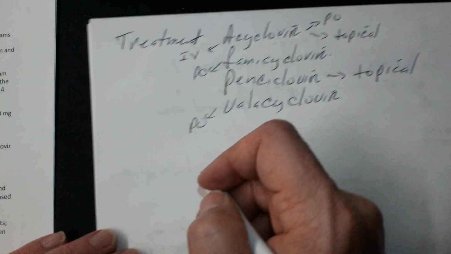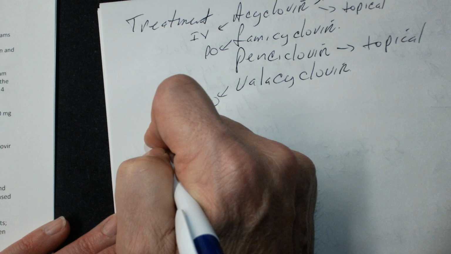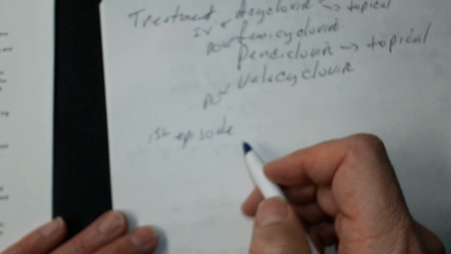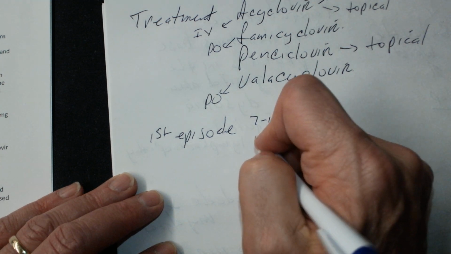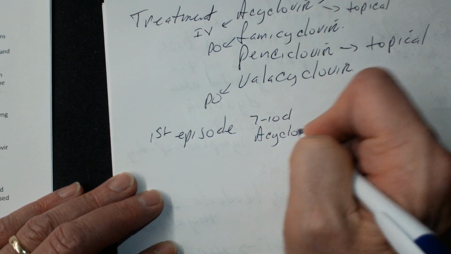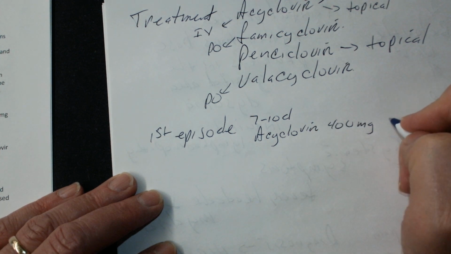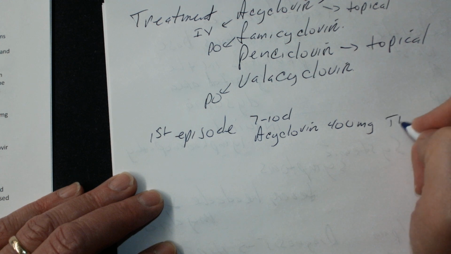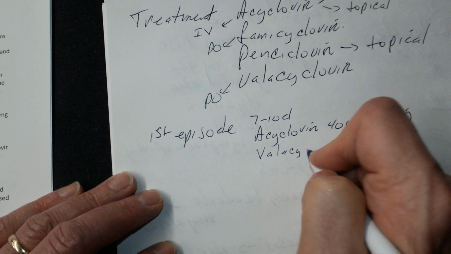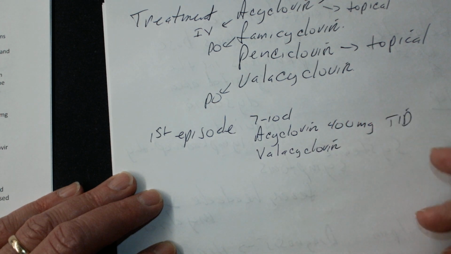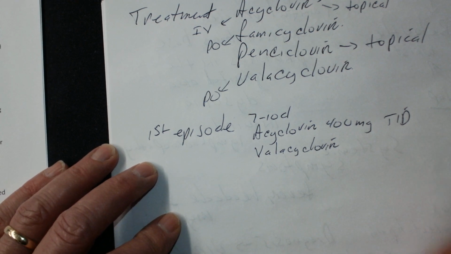All right, so if you have a first episode, your first episode usually you're going to treat for 7 to 10 days. And you can use acyclovir. You'll do 400 mg 3 times a day. Valacyclovir, this is a prodrug form of acyclovir.